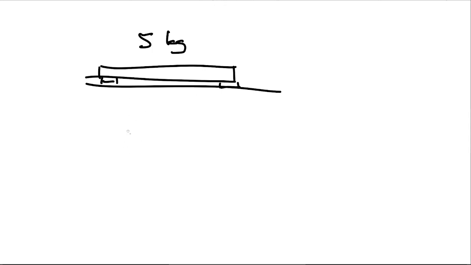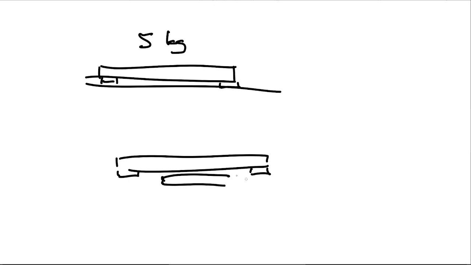Let's say we lift this scale up, holding it with 2 hands. One hand is supporting it, and then we have another hand that's pushing down with 250 newtons of force.